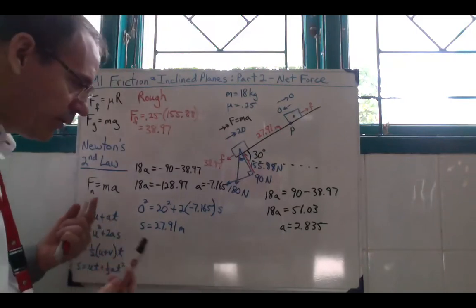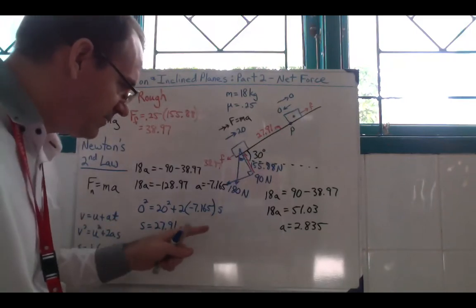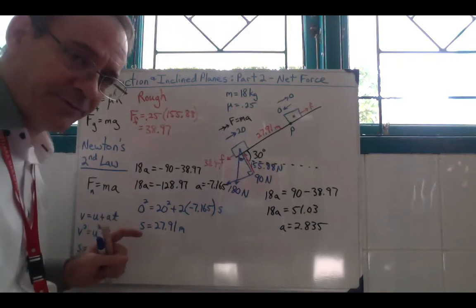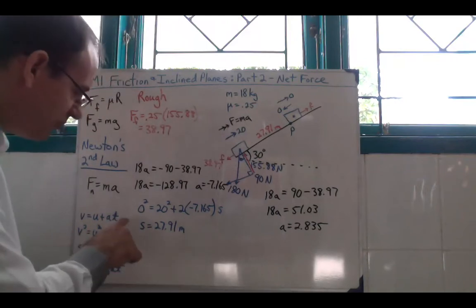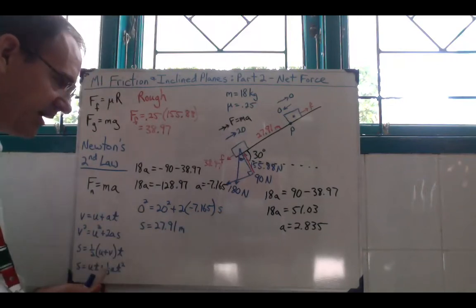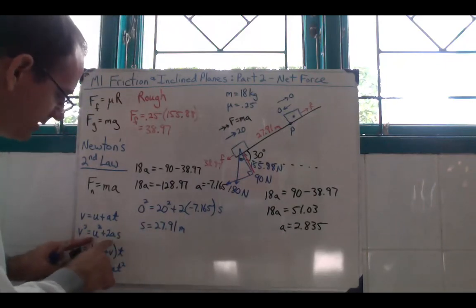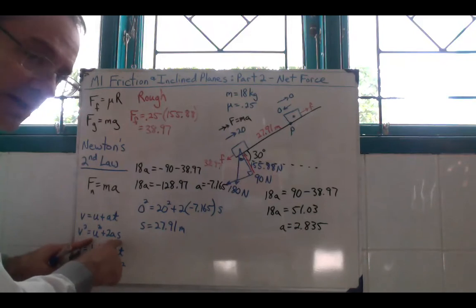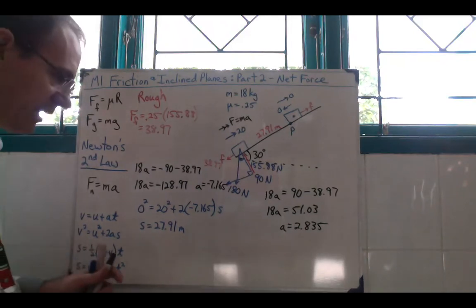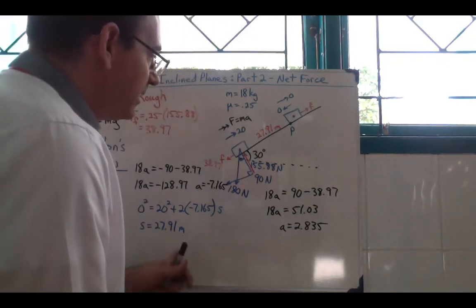Now we don't want to find distance, but we want to find final velocity. We can still use this same equation again, this velocity, because we have initial velocity and we have acceleration, and now we have distance, so we can use that to find the final velocity.